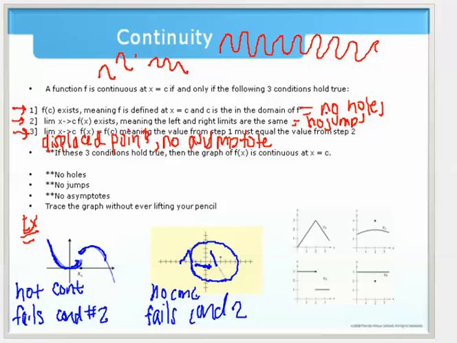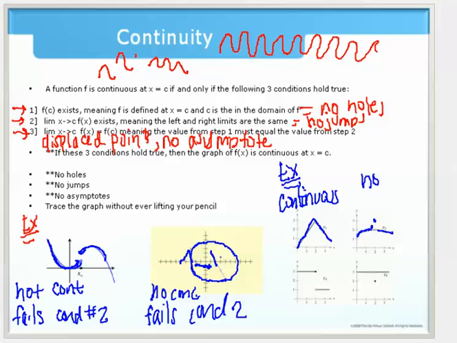This last part, we have 4 different ones that we can look at. This one, I can trace it with my pencil the whole time, so we say this is continuous. The second part, if I trace this, it jumps up and then down.